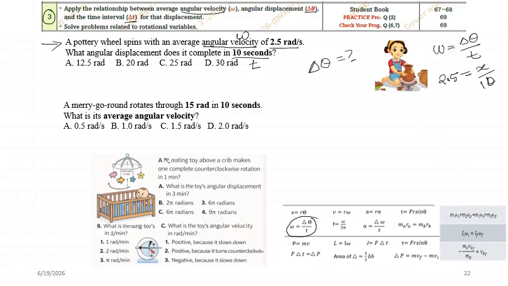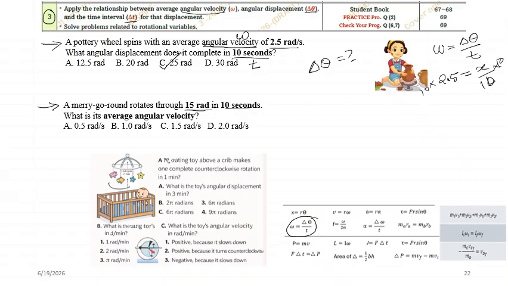Solving it, you will get the answer, which will be 25. Or you can rewrite it by multiplying both sides by 10, and you will get the answer. Now let us go to the next question. Mary goes around and rotates through 15 rad in 10 seconds.